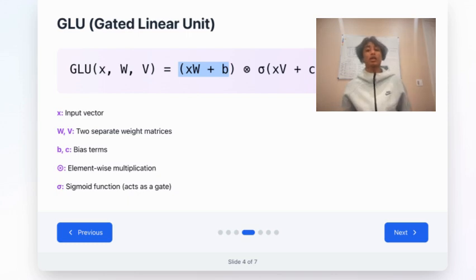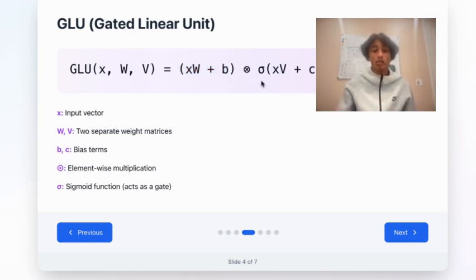So basically, any neural network without an activation function, this is what it's going to do, right? The dot product of our input times the weights plus the bias. And then we're going to do element-wise multiplication by the sigmoid of this, right? And this is going to cause a gated linear unit, and it's basically going to help as gating, right? So this is basically going to allow the model to kind of choose what information passes.